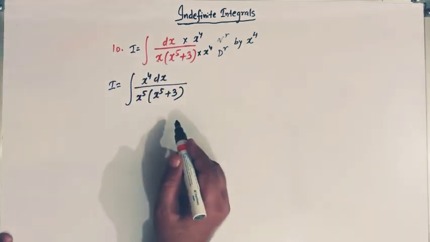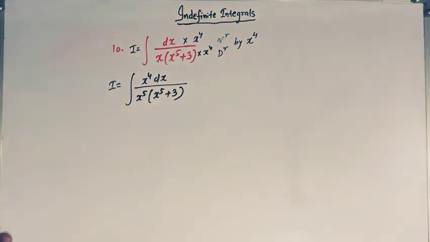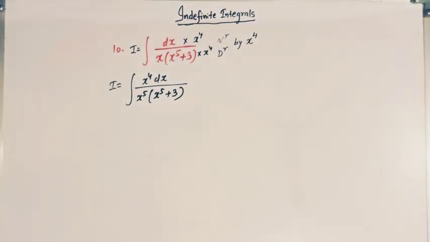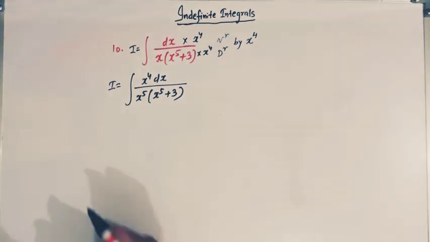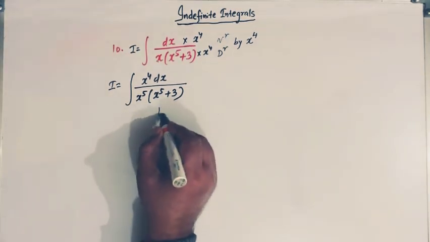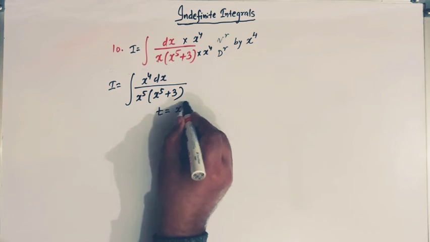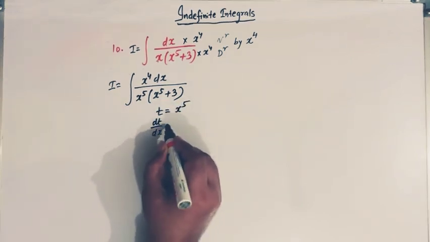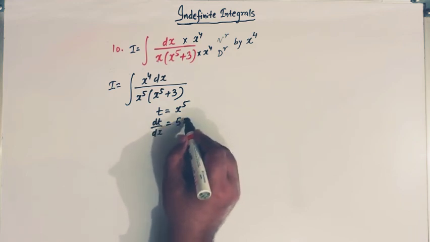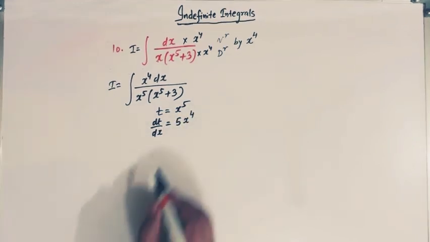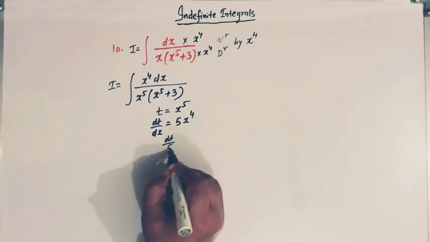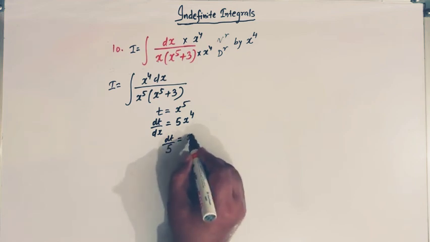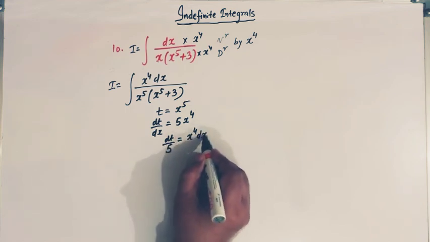Now we'll make use of the substitution method, and let us substitute t is equal to x raised to 5. So dt over dx becomes 5x raised to 4. Now we can write dt over 5 is equal to x raised to 4 dx.